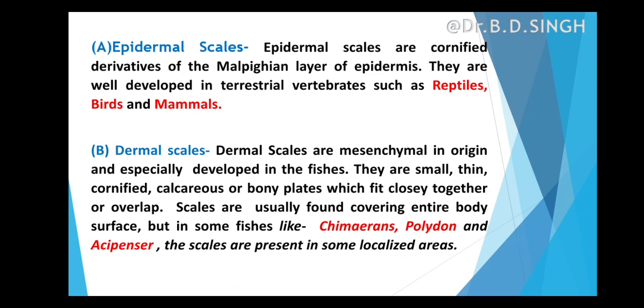B. Dermal scales are mesenchymal in origin and especially developed in the fishes. They are small, thin, cornified, calcareous or bony plates which fit closely together or overlap. Scales are usually found covering the entire body surface, but in some fishes like chimaeras, Polyodon and Acipenser, the scales are present in some localized areas.